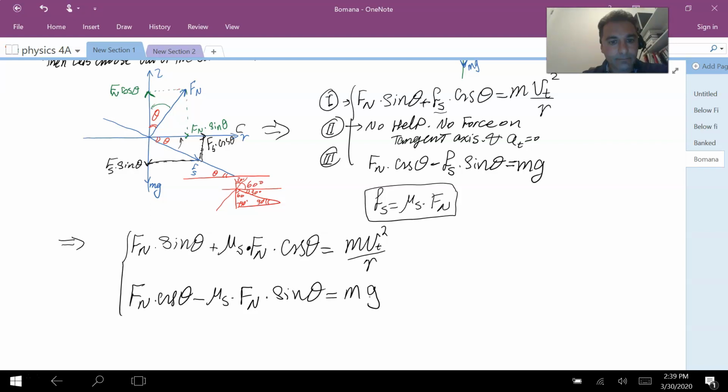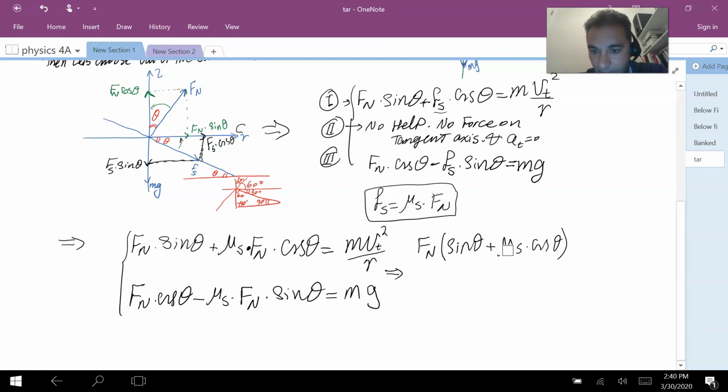Let's do something. I can factor with Fn. Here I am going to have Fn times sine theta plus mu s cosine theta equal mv square, of course, tangent divided by radius.